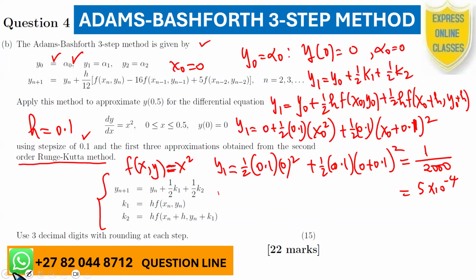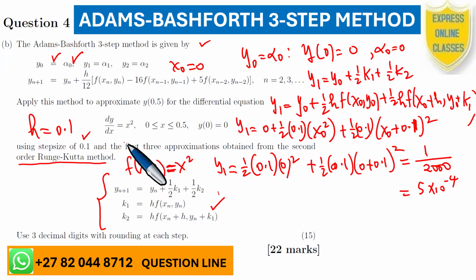Okay, let me see what we added here. Because in K2 we must add y0 k1.